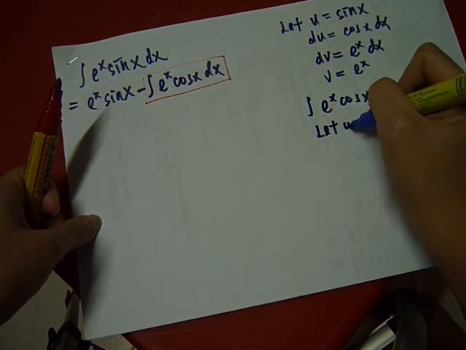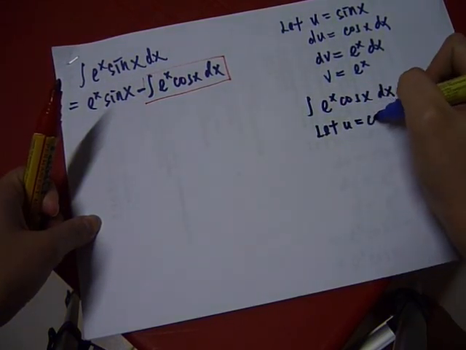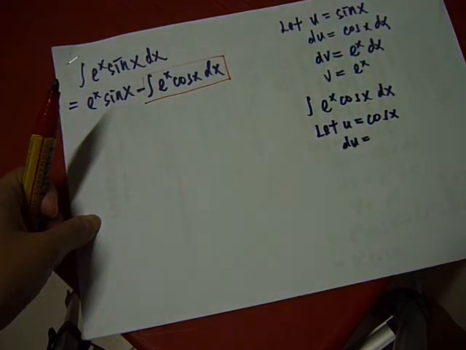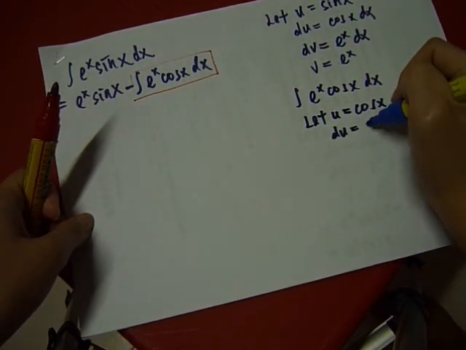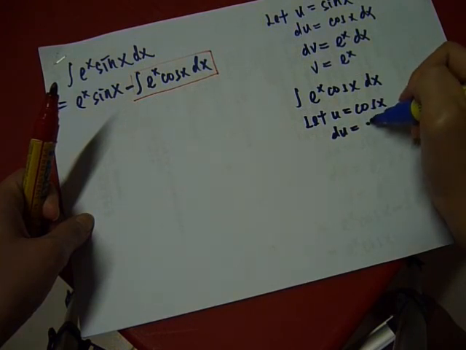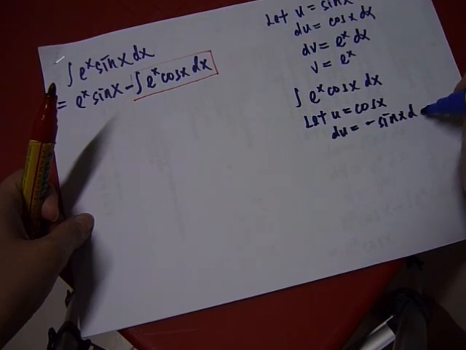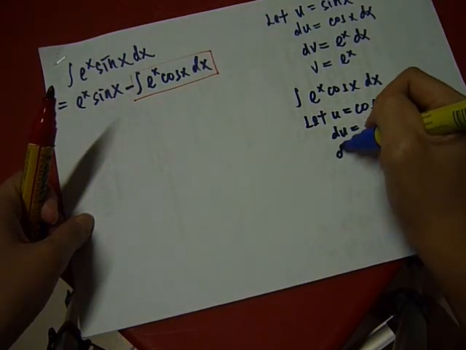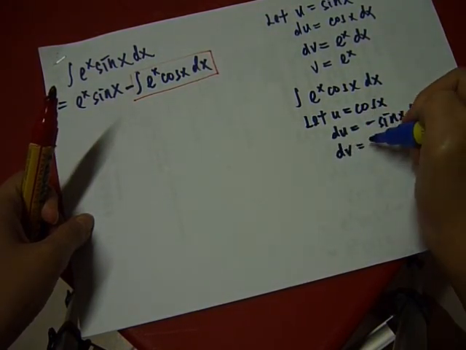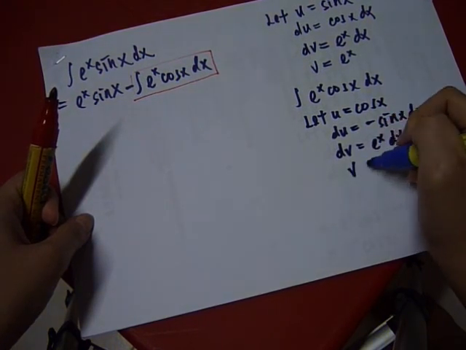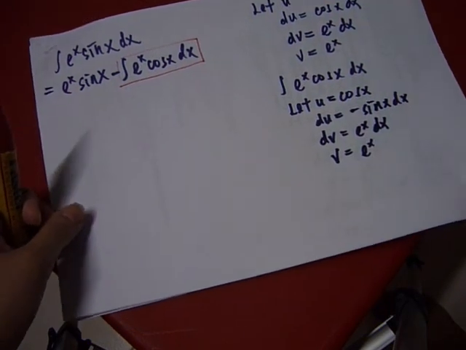Let u equal cos x, so du is equal to minus sine x dx, and let dv equal e^x dx, so we will get v equals e^x.